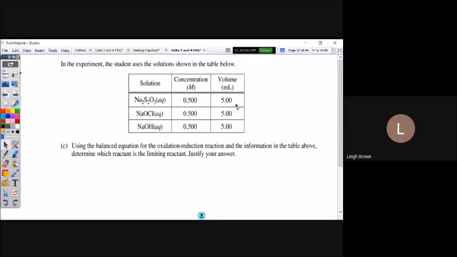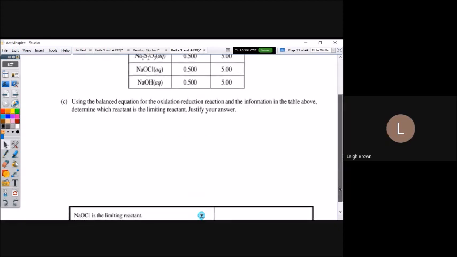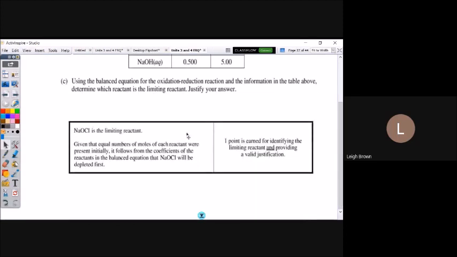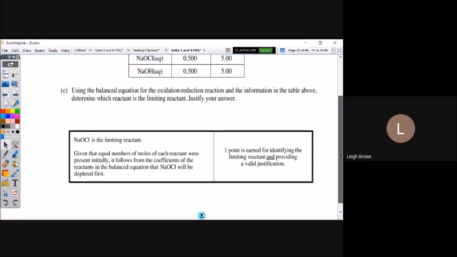How I teach my students is to take each reactant and change it to moles of the same product, and whichever product we had the least amount of would be the answer. But in this case, you could have known the answer just because we had equal moles of every reactant.